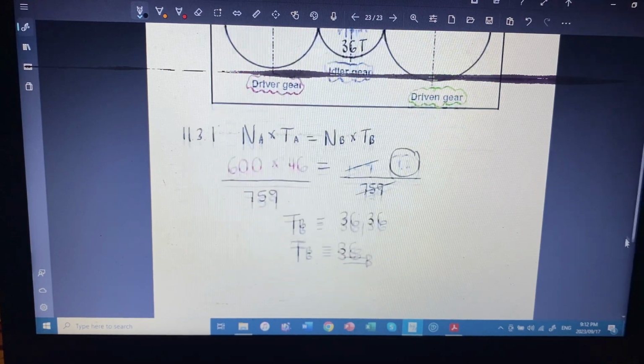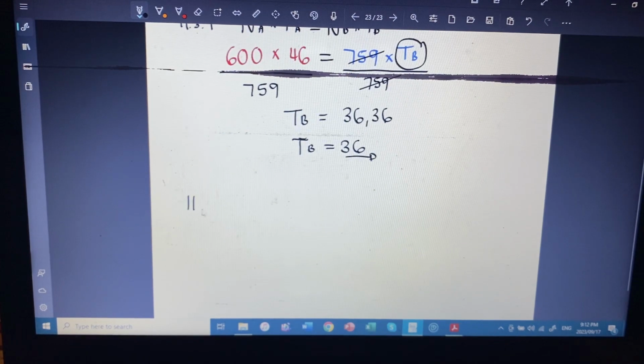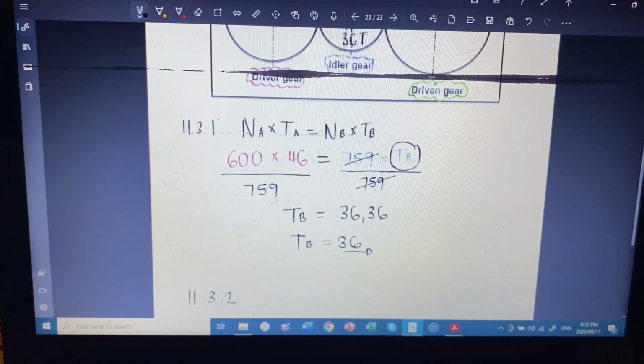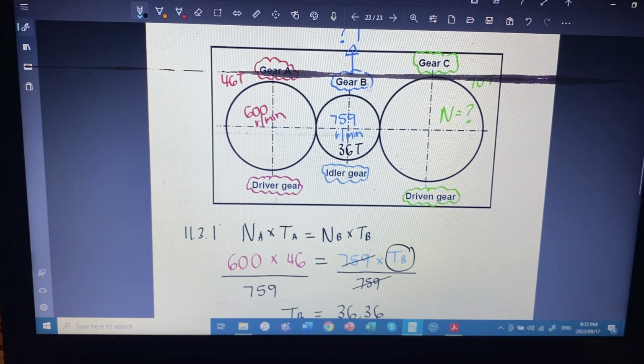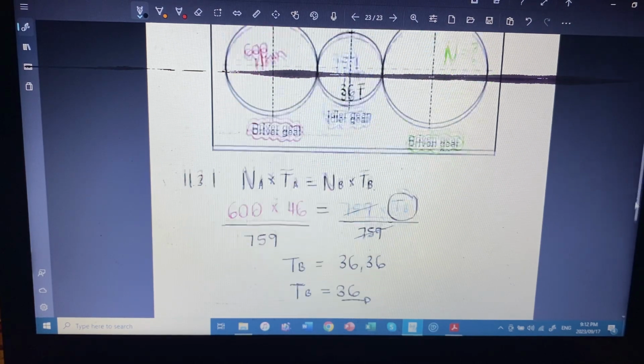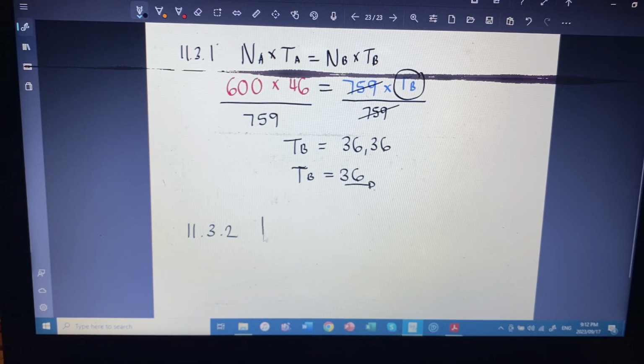So then I'm going to 11.3.2. Okay, and now I'm just going to say B equals C with the exact same formula, but now I'm using B and C because those two touch one another. So NB times TB equals NC times TC.